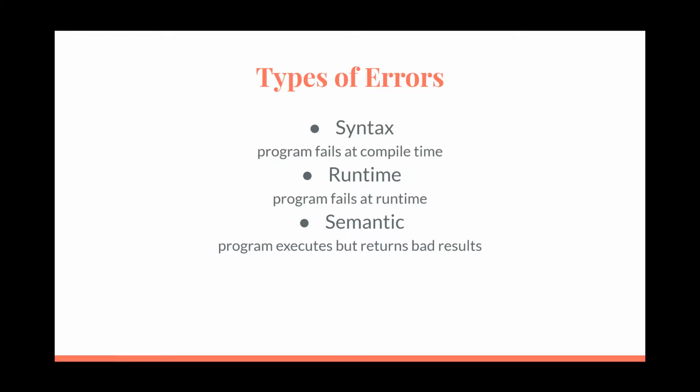Whereas with runtime, you have to actually run the program, and only then you'll get what's known as an exception, an uncaught exception, where the program stops abruptly and tells you that something went wrong. A semantic error is when the program executes successfully. So you ran the program, it worked, but it didn't give you what you wanted.